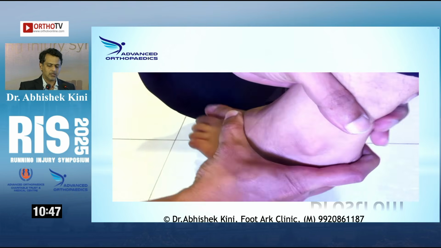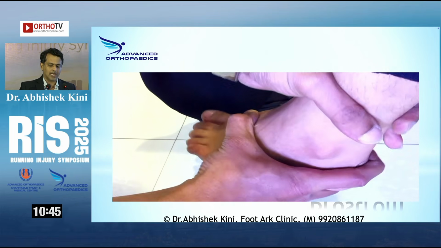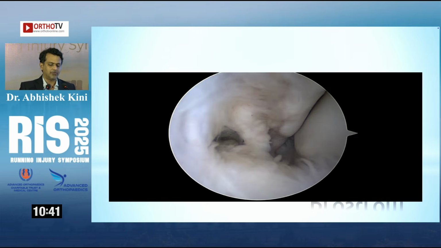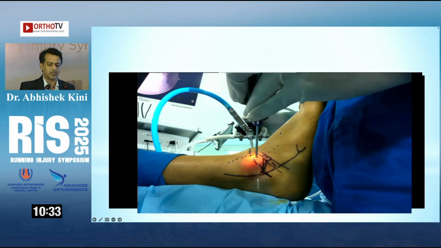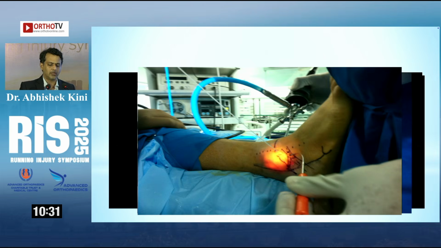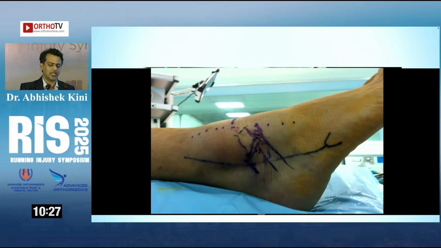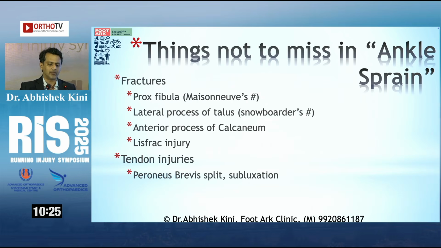This is a runner whose ankle is lax. You can pull out the ankle and you can see that the lateral ligament is deficient. This is an arthroscopic repair. You see the deficient ligament on this part. You can repair it through an arthroscopic repair and reattach the ligament back, and with a keyhole surgery you can get them back.